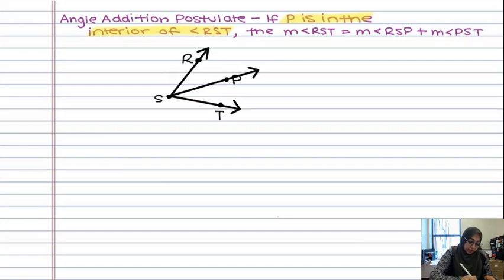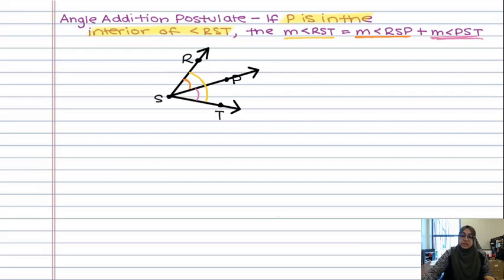So the measure of angle RSP, this angle right here, plus the measure of angle PST is equal to the measure of angle RST, is equal to the whole angle, that whole angle right there.